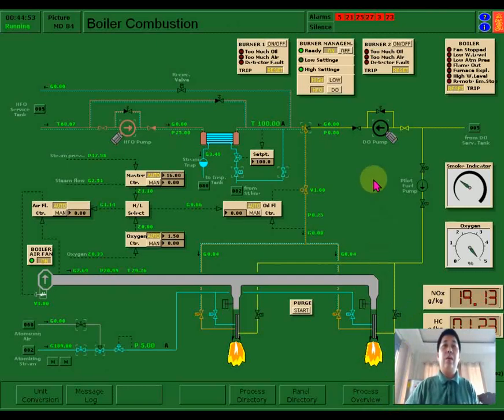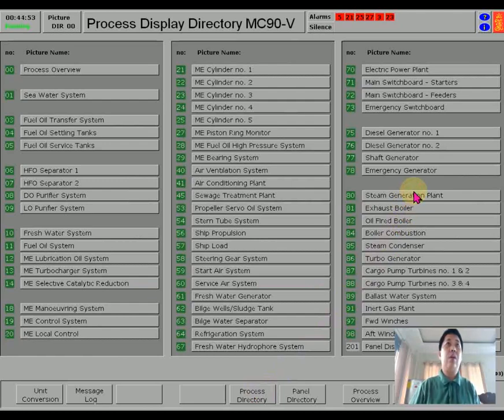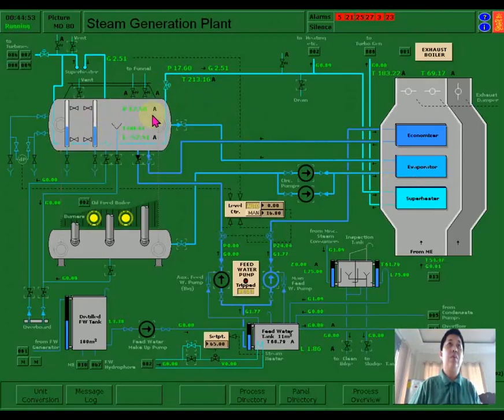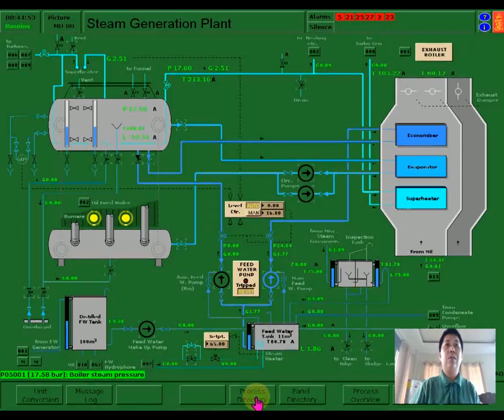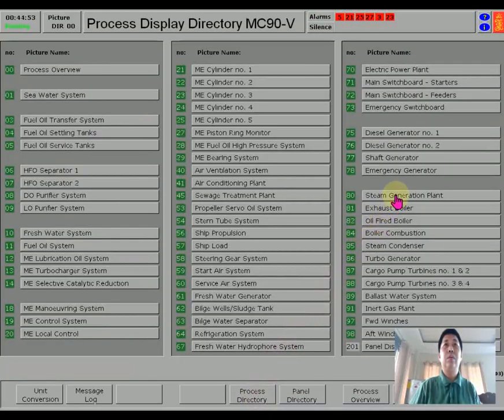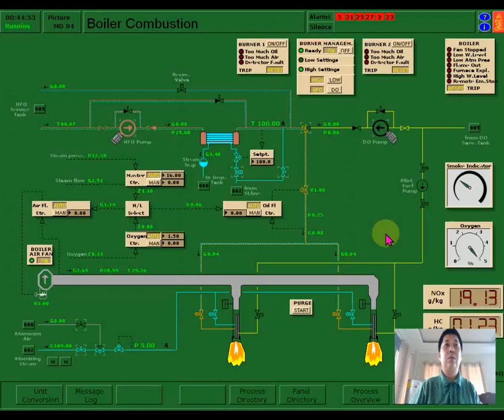So we'll wait. This burner will automatically stop since our steam pressure is already almost normal. I think it will stop at 18 bar. So we'll see. It has not yet stopped.